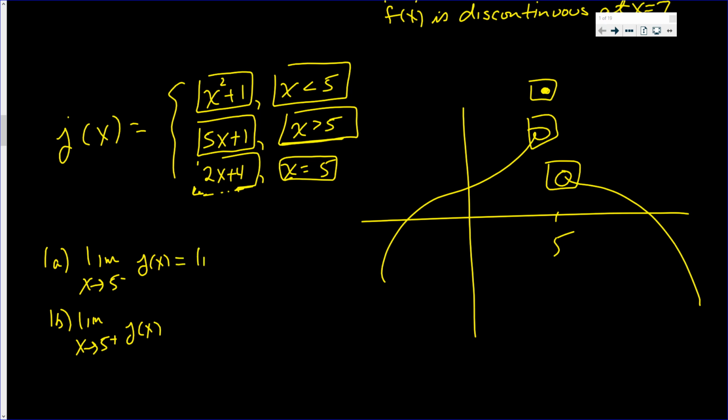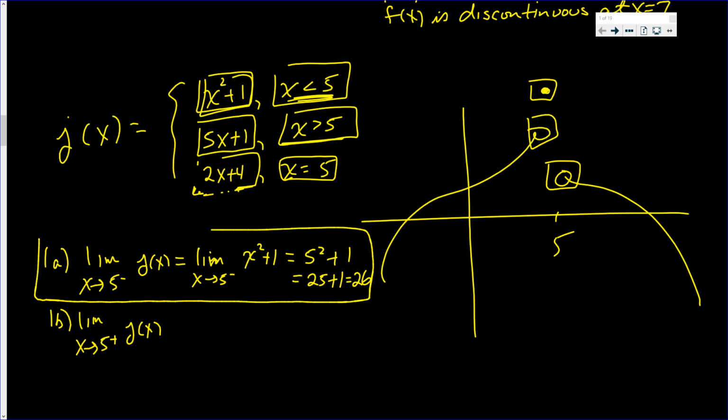Well, this is the limit as x goes to 5 minus. If you're less than 5, that's what the minus means, you use this rule, x squared plus 1. So you get 5 squared plus 1, which is 25 plus 1, which is 26. So 1a exists. We found out what it equals. This is the limit as x goes to 5 plus. That means x is more than 5.